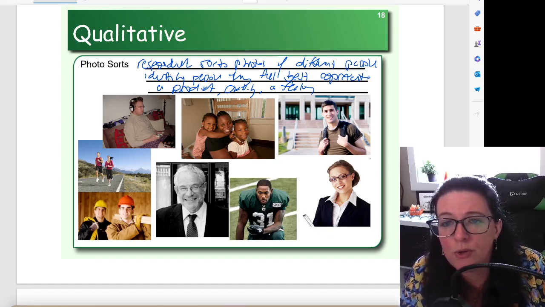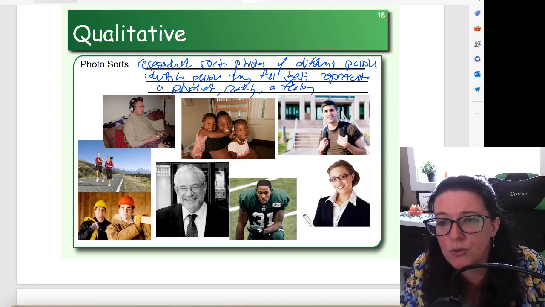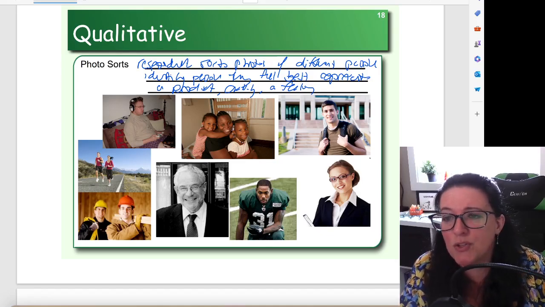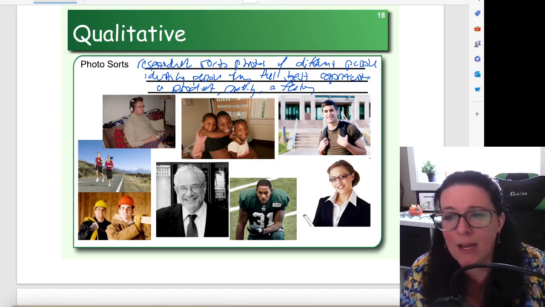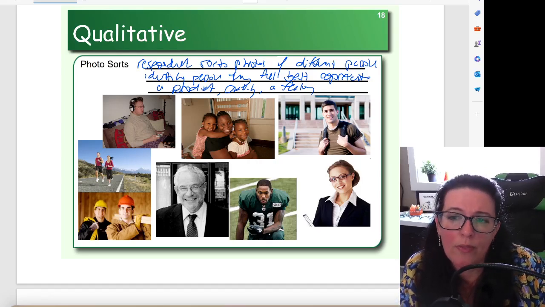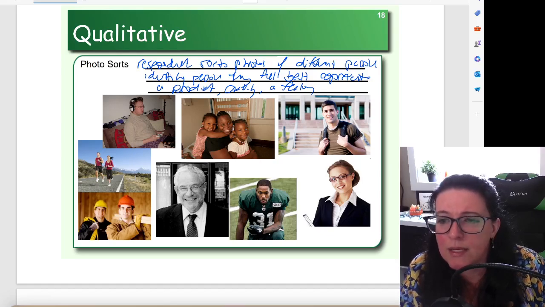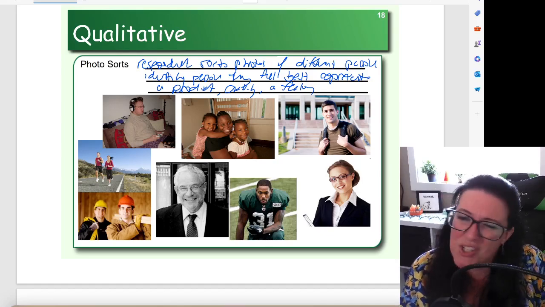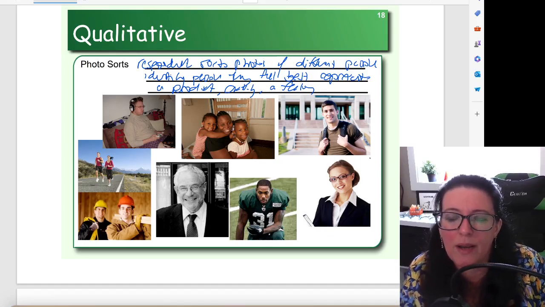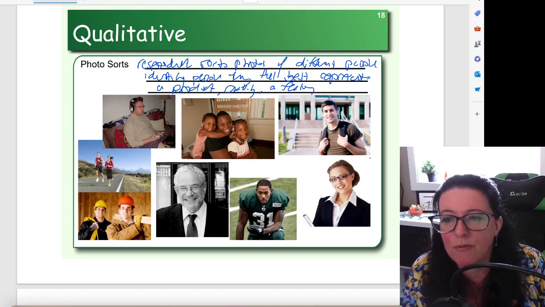You could also use photo sorts with pictures of different activities or different individuals. Okay, well, who is feeling anxious? The respondent might not be willing to tell you in the research about why they're anxious. Maybe they really have trouble pinpointing what creates anxiety for them.